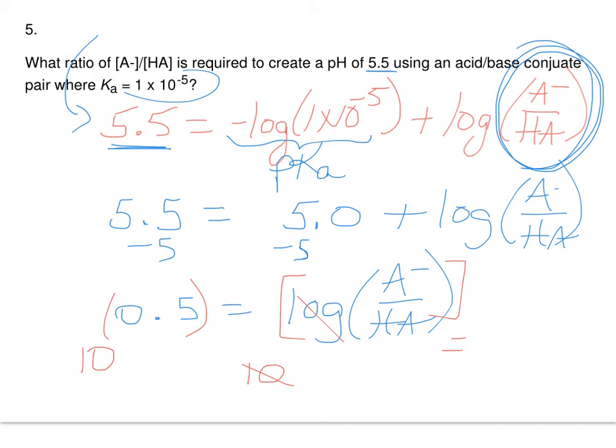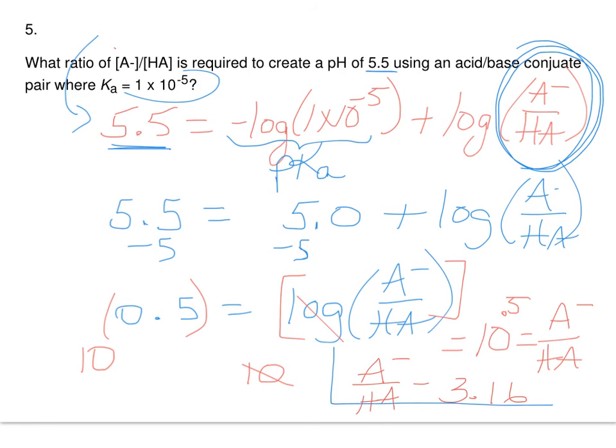So what you end up with is 10 to the 0.5 equals the ratio that we want. So what is 10 raised to the 0.5? And my calculator says that that ratio is 3.16.